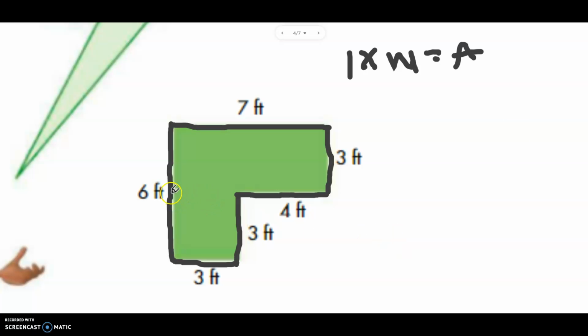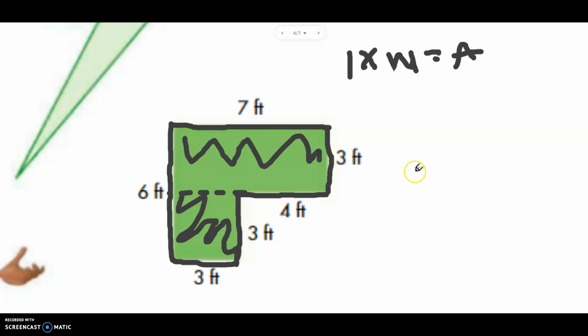So I can see a couple of ways to do that. I can extend this line, and then I would have a square right here and a rectangle right here. Then I could add those together.